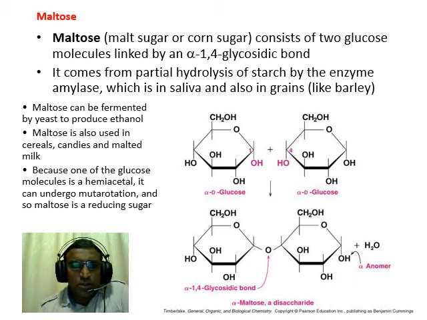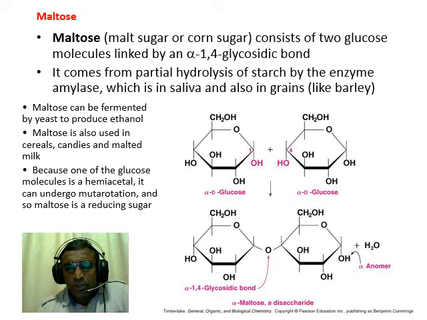Maltose that is fermented partially or completely by microbes leads to ethanol, and therefore liquor beverages are made in this manner by converting maltose to ethanol.